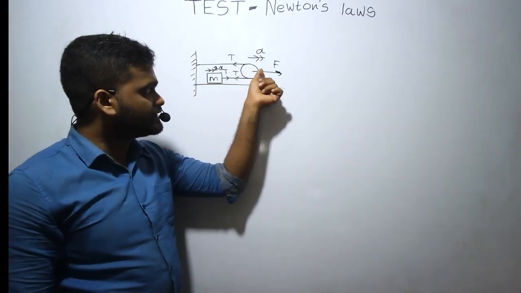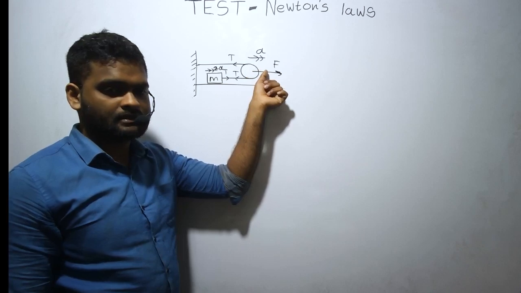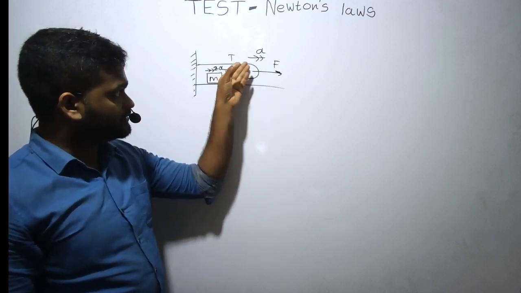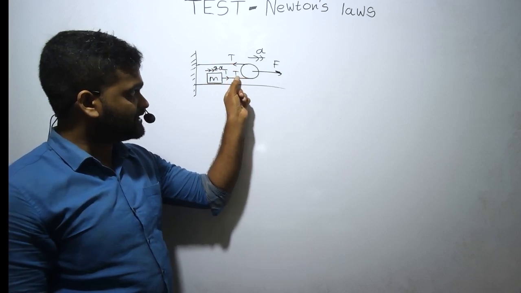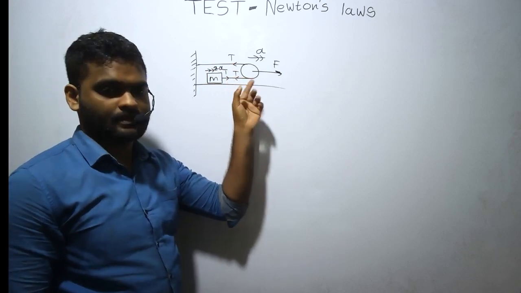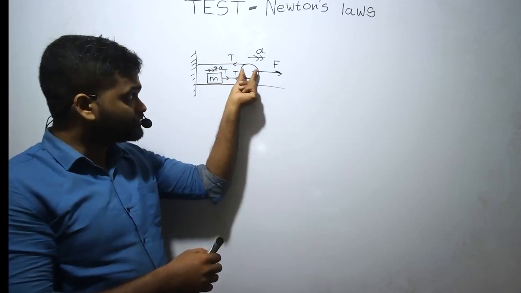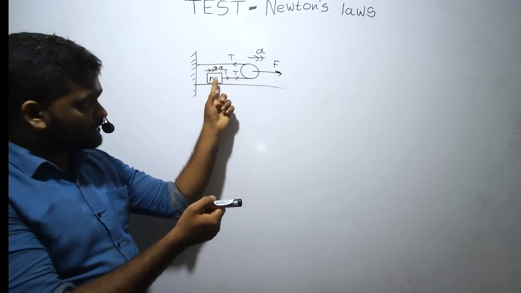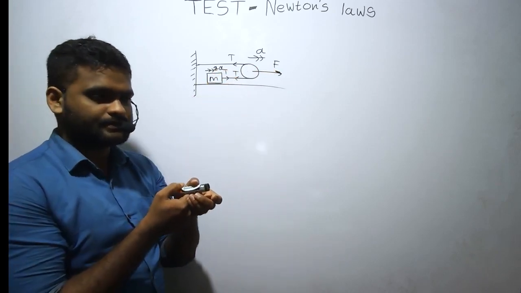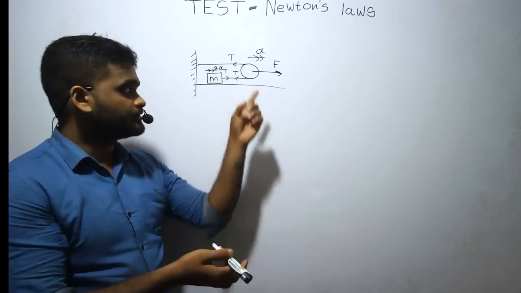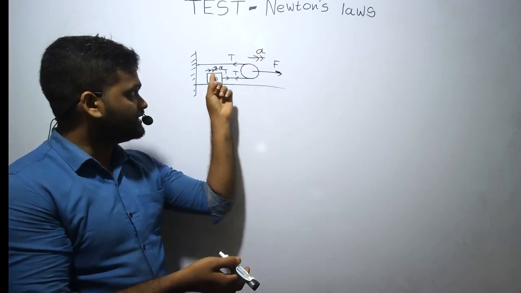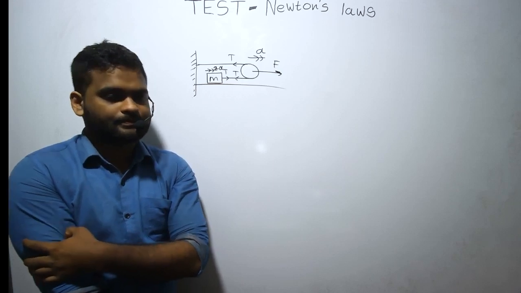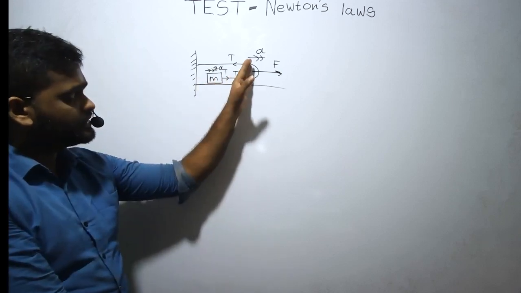When the pulley moves, let's say 1 centimeter, the string from this side gets pulled 1 centimeter and this side gets pulled 1 centimeter, right? So when this moves 1 centimeter, the string pulls this one by 2 centimeters. So displacement is twice. So if the acceleration here is simple A, for this one it should be 2A. Understood? Not the same acceleration.